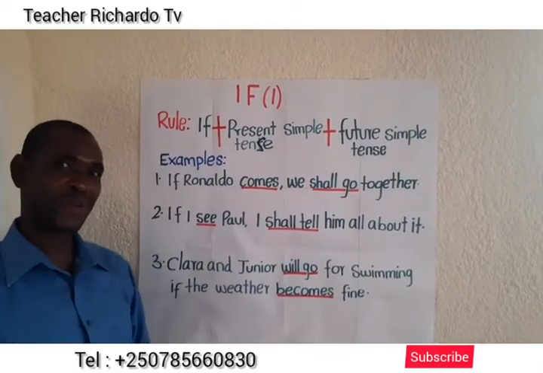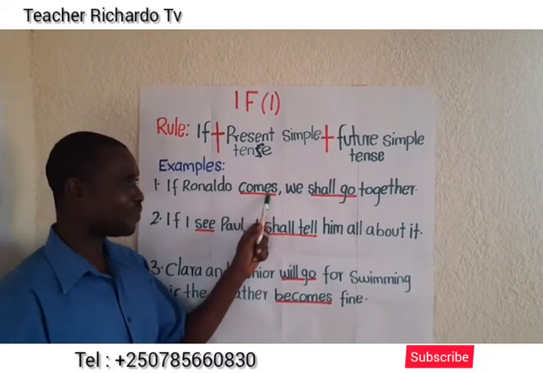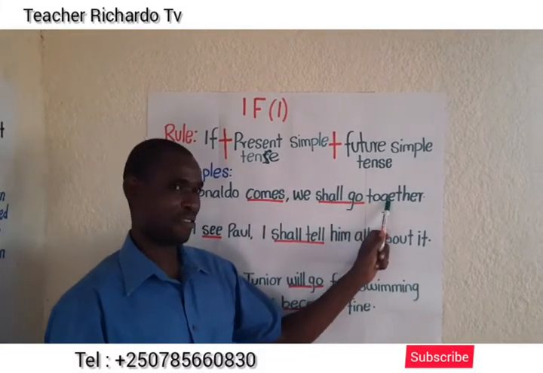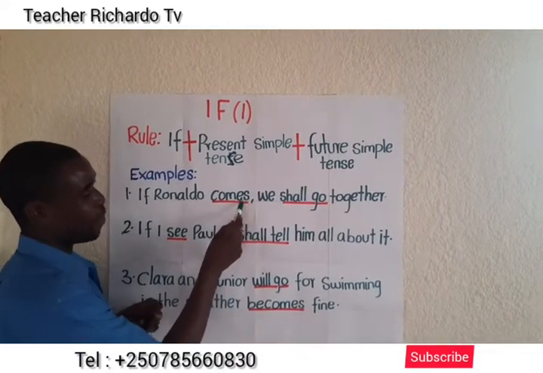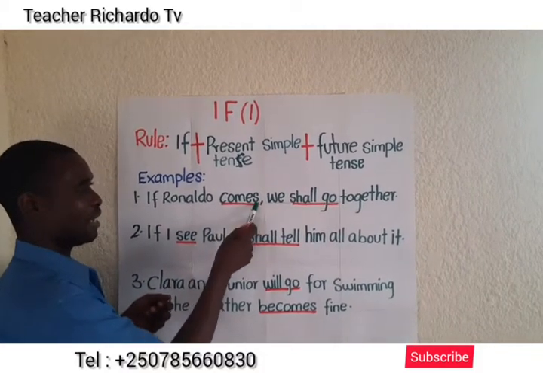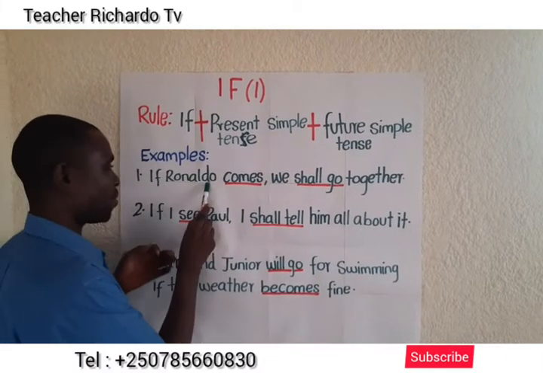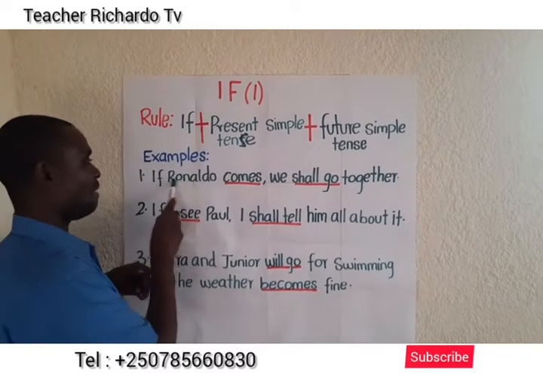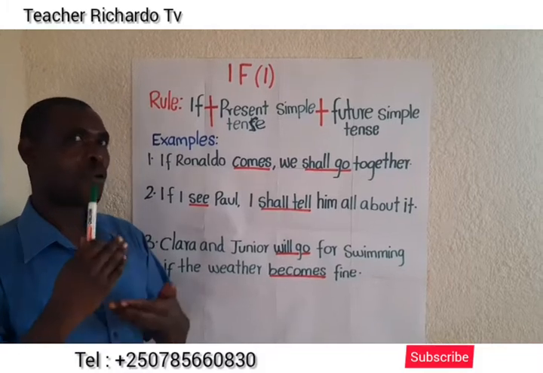Example: if Ronaldo comes, we shall go together. We are adding s on the main verb come and it becomes comes. Ronaldo is a noun, a name of a person.